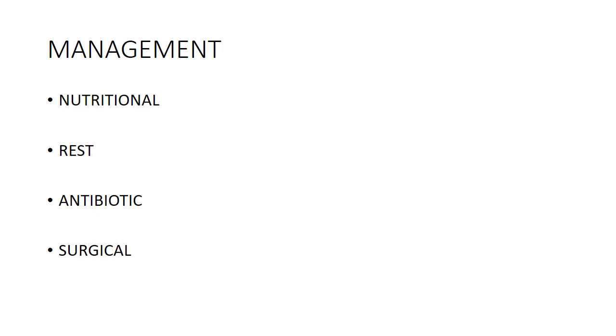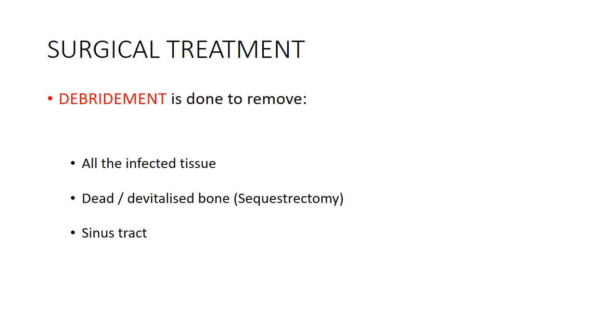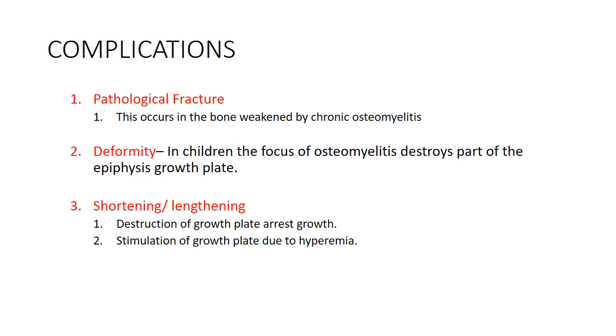That sequestrum must be removed to allow the bone to heal. Surgical treatment is debridement to remove all the infected tissue, devitalized bone, sequestrum, and sinus tract. Complications of chronic osteomyelitis are pathological fractures, deformity, and shortening or even lengthening of the bones.